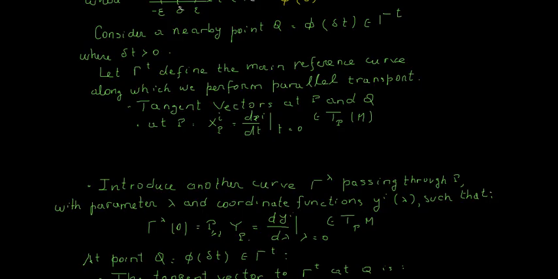So you define the tangent vector of this curve as dy^i over d lambda at lambda equal to 0. Let's put the y^i here, okay? This belongs to the same tangent space, T_P M.